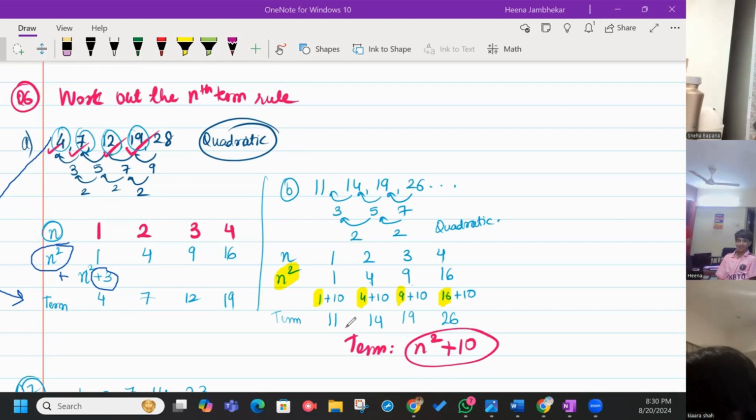So this is nothing but n square plus 10. That is your term. Okay, got it? Anybody who didn't understand, who wants me to explain this whole thing again, please let me know.